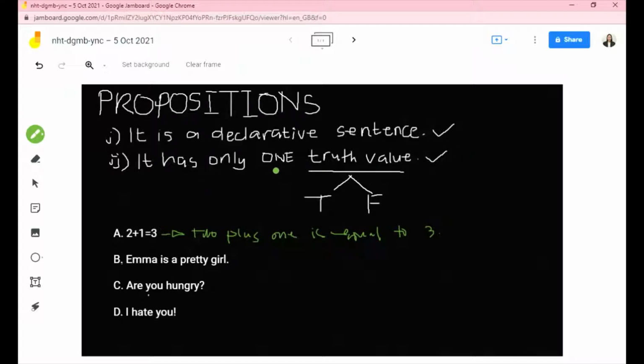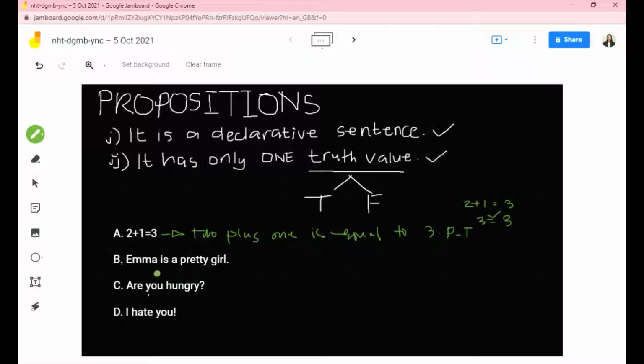Does it have only one truth value? 2 plus 1 is equal to 3. So let's try to solve that. On the left side, we add 2 plus 1, that is 3. The same goes for the other side. So this means that statement A is a proposition and its truth value is true.